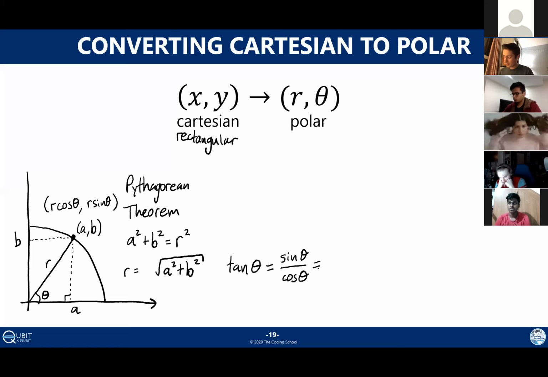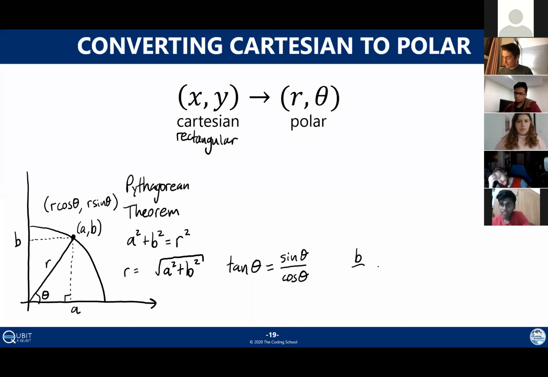If we plug in our values here for sine theta and cos theta, the r's will cancel out. So remember, I'll write this over to the side: if we write b divided by a, we can compare the y coordinates here and compare the x coordinates here. So b is equal to r sine theta.